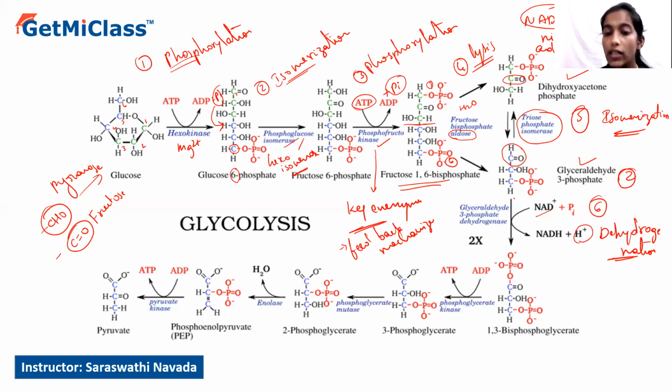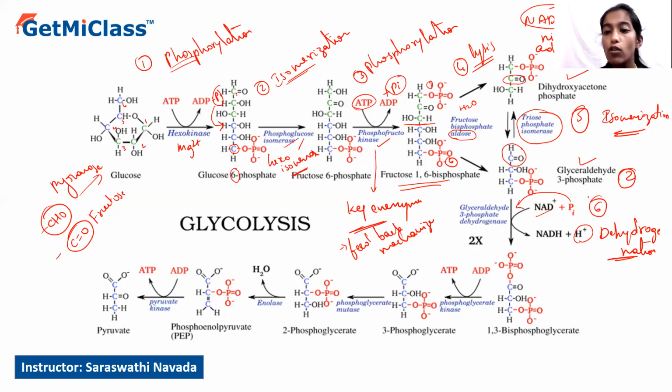And this reaction is also coupled with the addition of one phosphate to the glyceraldehyde 3-phosphate. But so far we have seen that whenever phosphate is added to the substrate, ATP is donating the inorganic phosphate molecule. In this particular reaction, ATP is not acting as a phosphate donor. Instead, other phosphate-rich compounds act as a phosphate donor.